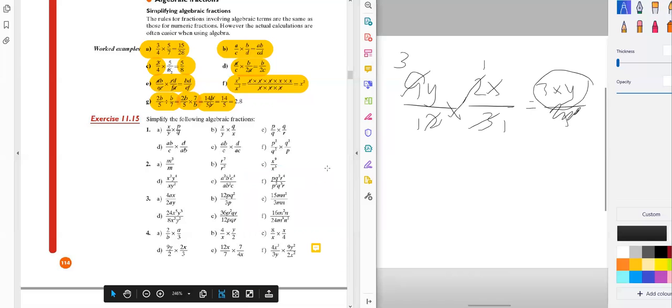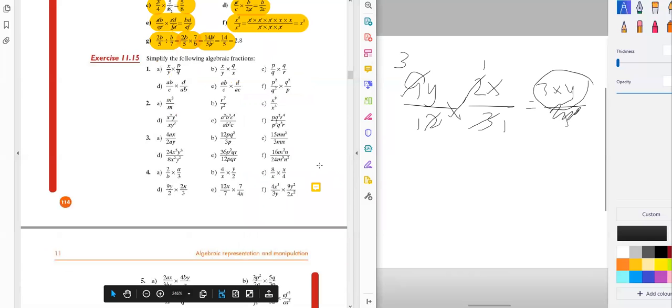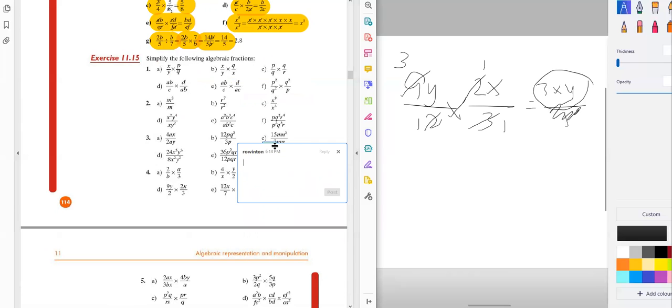All right. So this is quite simple. For a question like 3E, question like 3A, you have this one, you can see 36 can be divided by 12, you get 3, right?